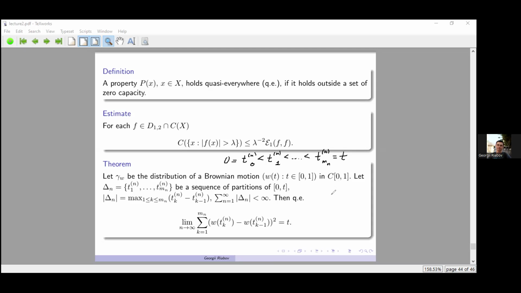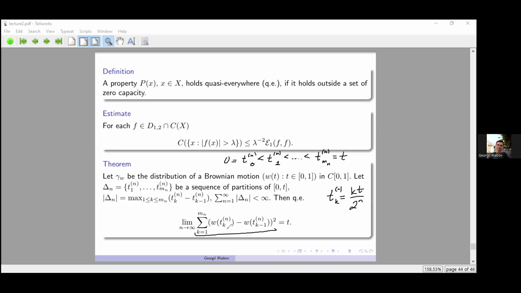Okay, for example, we can take partitions of the kind kt divided by 2 to the power n. Next, for each partition we consider the sum of increments of the Brownian motion squared.